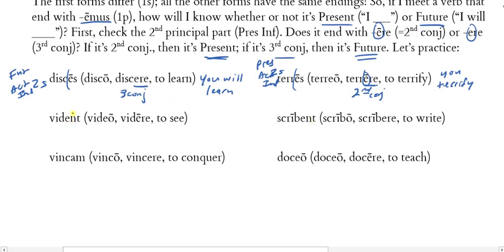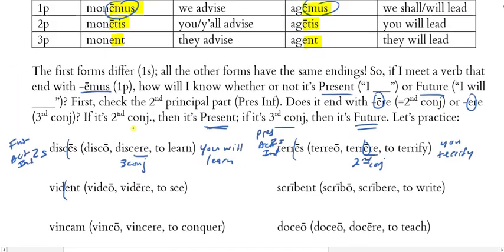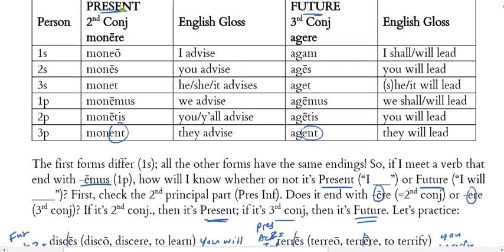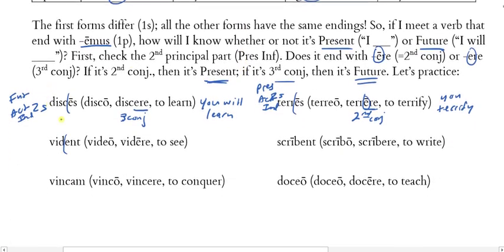Okay? Now, let's look at this third example, vident. All right, so here I have -ent. And when I see -ent, there's a couple of possibilities here for it, right? What do I see when I see -unt or -ent? Manent, agent, right? Those are third person plural. They could be present or future depending on whether it's second conjugation or third. So, I know this is third plural. Okay, but which is it?